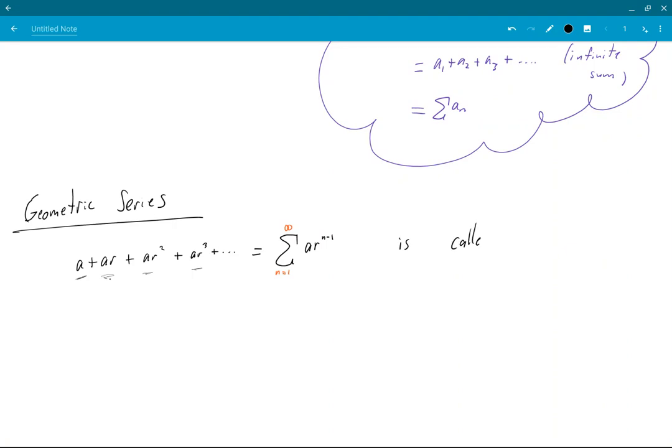So this is called a geometric series, where a and r are real numbers. So you could say a is equal to the first term, and r is equal to the common ratio.